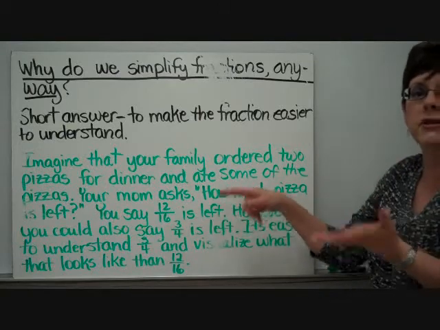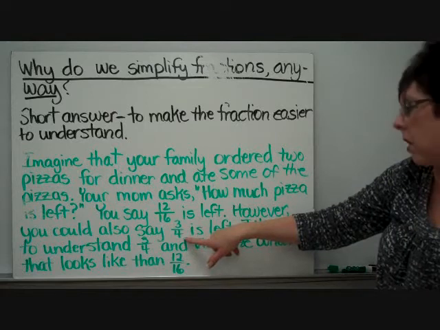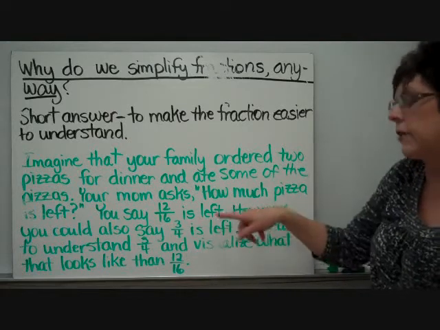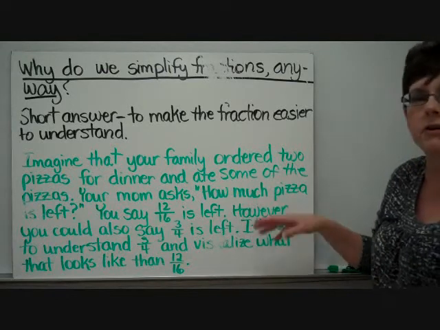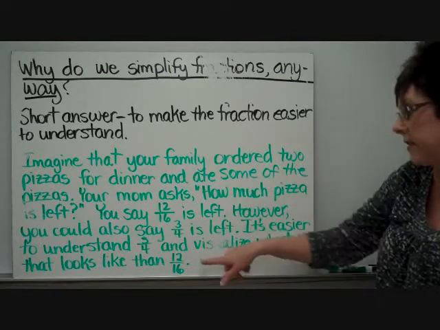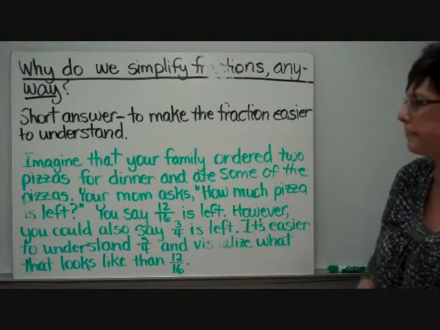But you could say instead that 3/4 of the pizzas are left. It's easier to understand 3/4. It's easier to visualize what that looks like instead of 12/16. That's a little bit hard to understand.